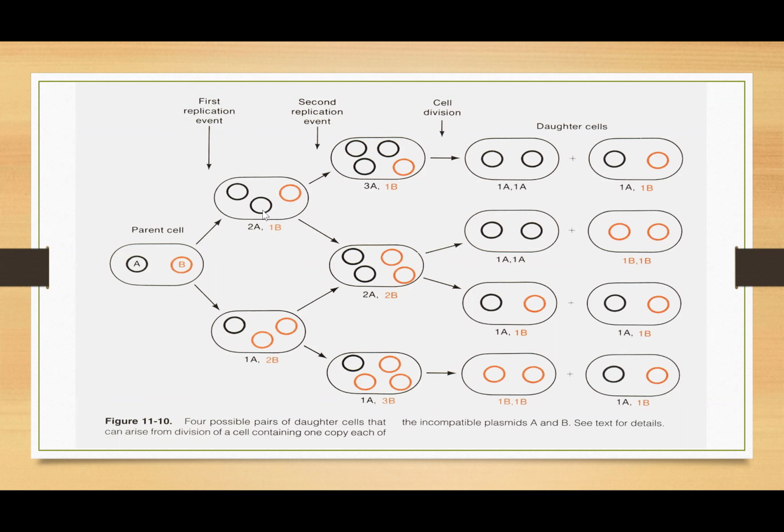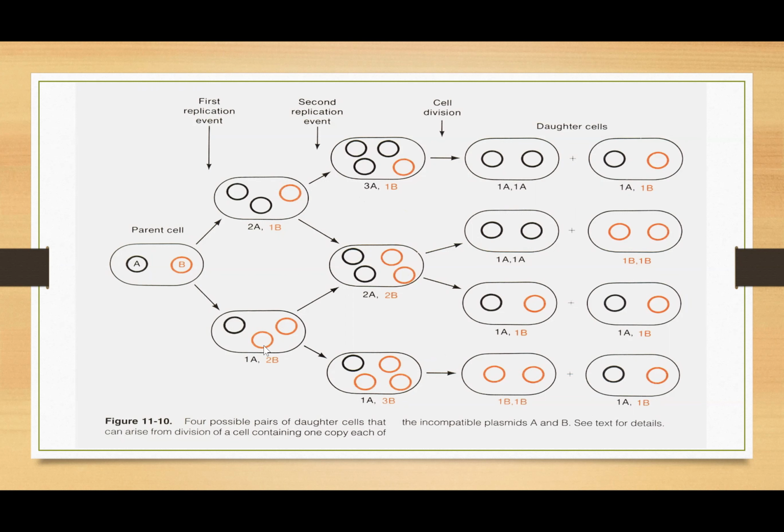In the second attempt, when this cell increases in size again, the repressor concentration goes down, then these three will become 4. Again, there are two options: either A will replicate once again to give you a situation like this, or B will replicate and you will get a situation like this. It means 2A, 2B, or 3A, 1B, like this.